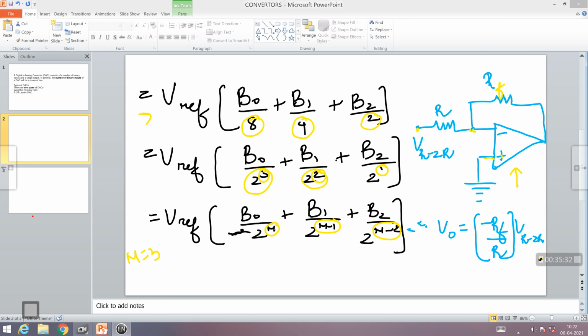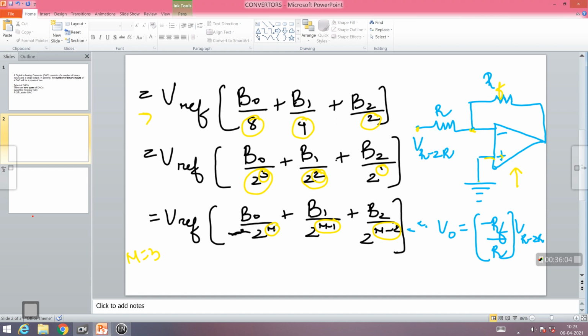At this point you are going to connect that entire network we had discussed, so you get the effective voltage VTH and the effective resistance RTH of that network. Then you get the output from the op-amp. The job of the op-amp is only to amplify the voltage given at this point.